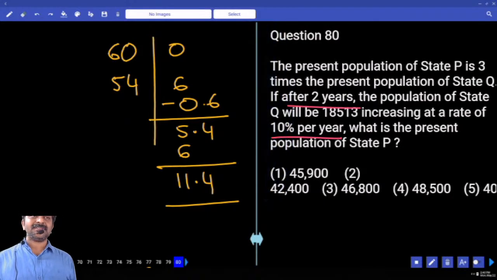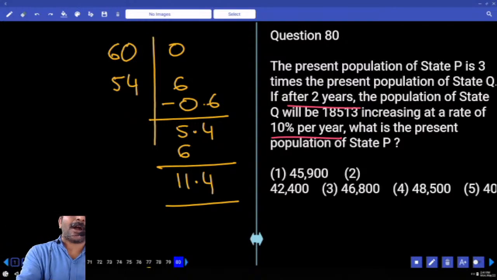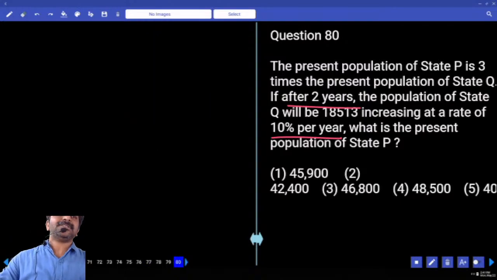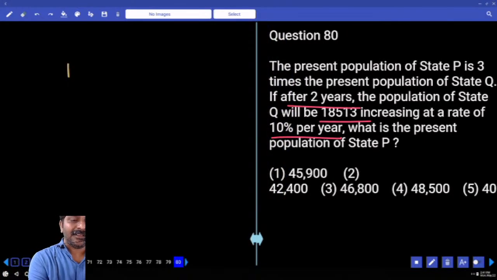Like that for how many years? So can we go with the compound interest concept? Increase on increase only. Compound interest for 2 years at 10% per annum. The amount, that means population, becomes 121% after 2 years for state Q. Agreed? How much is that given in the question?